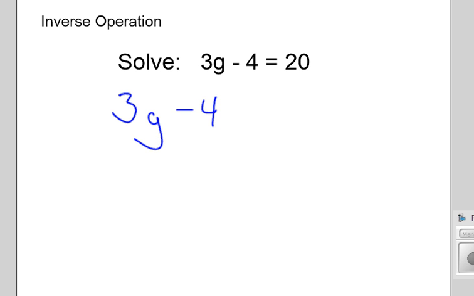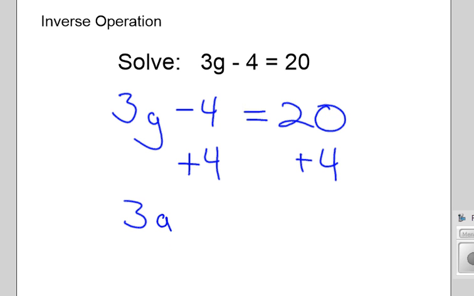If we use the inverse principle, the first thing we want to do is get the n alone. So what I literally did was add 4 to this side, and then add 4 to this side.